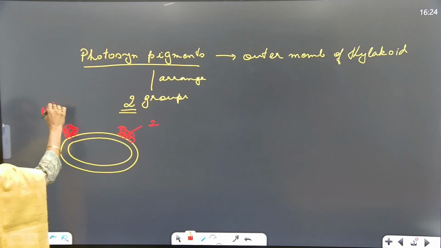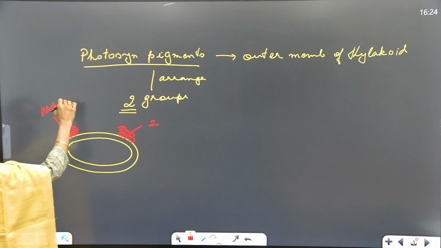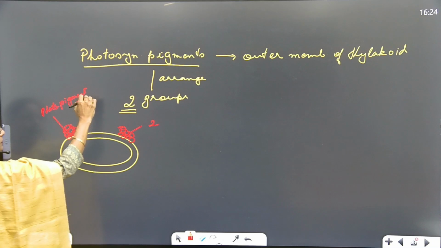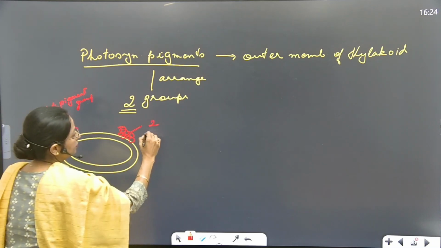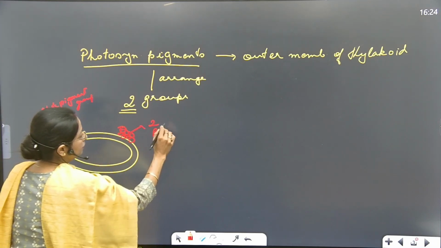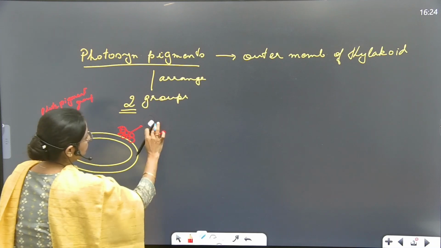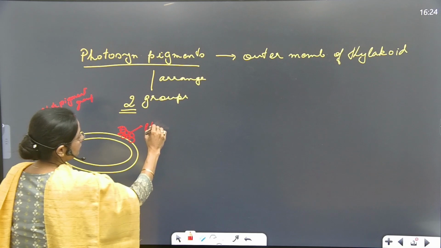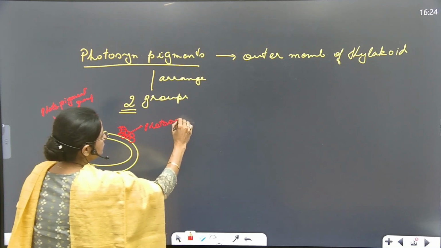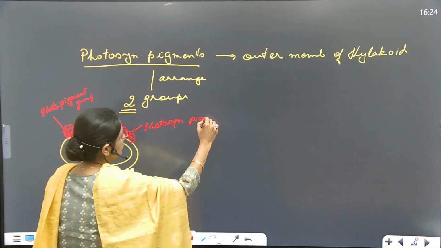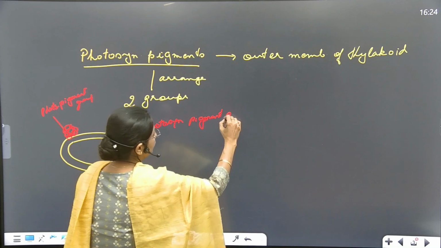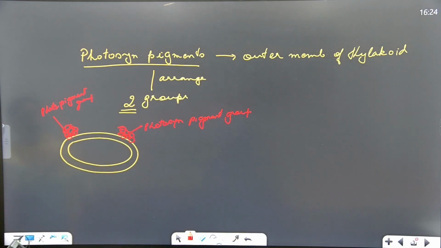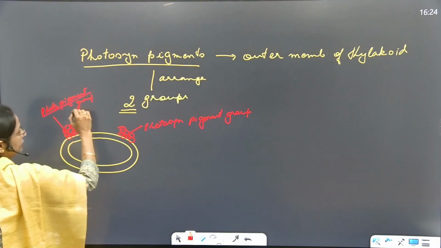This is a photosynthetic pigment or a group. And this group will have a name.